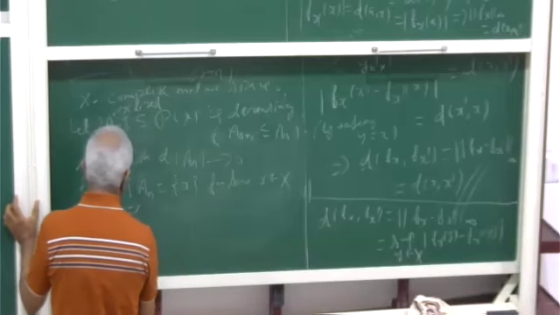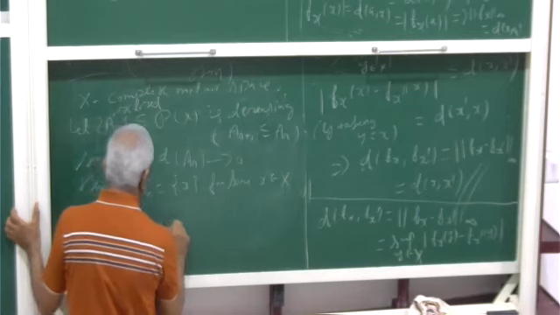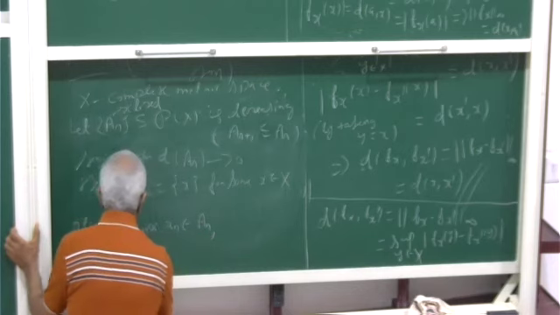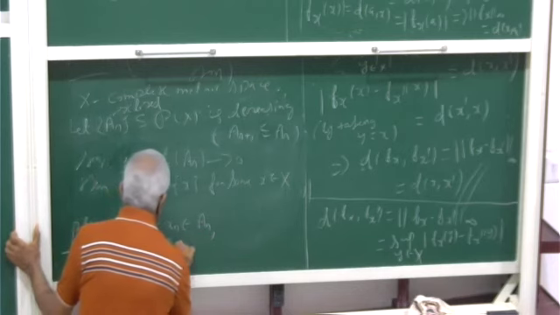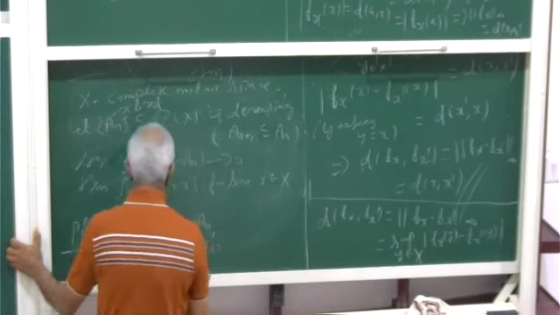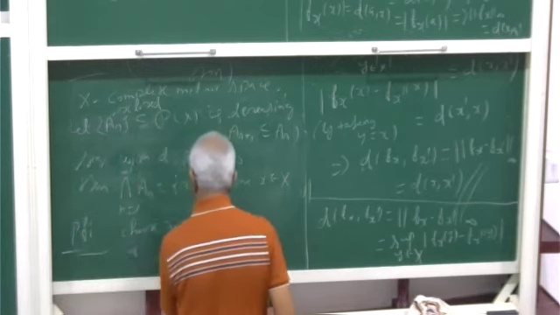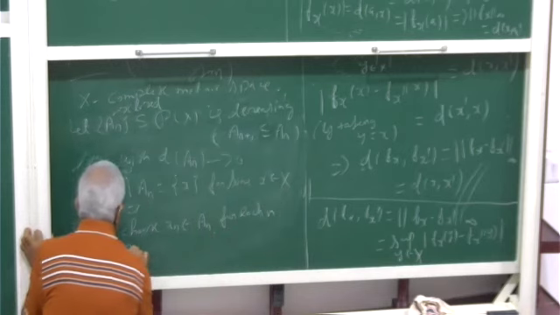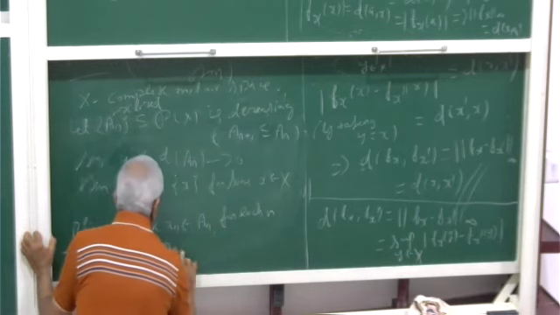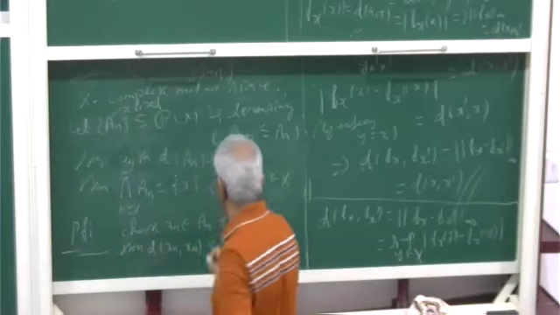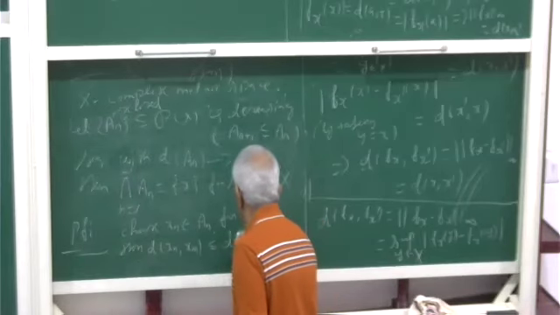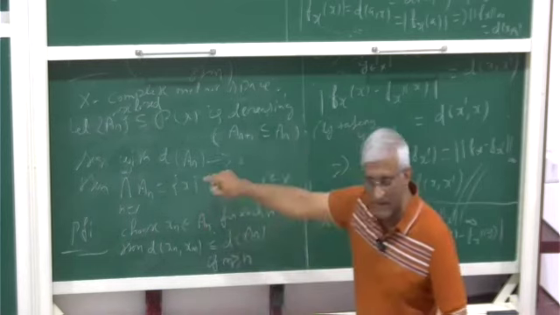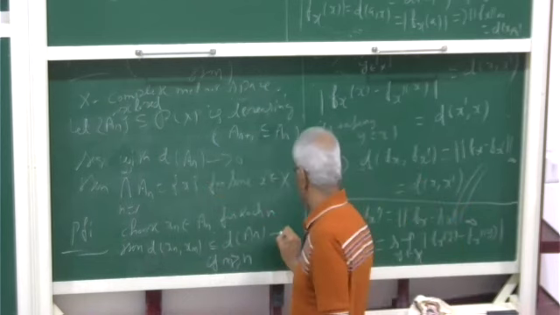Now let's choose any x_n in A_n, for each n. Then d(x_n, x_m) for m greater than n, x_m will also be in A_n, so d(x_n, x_m) is less than or equal to d of A_n, which goes to 0.